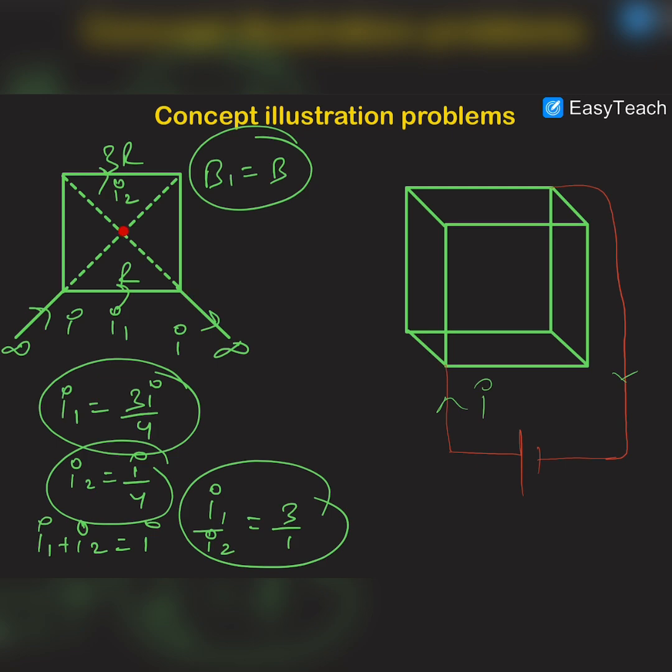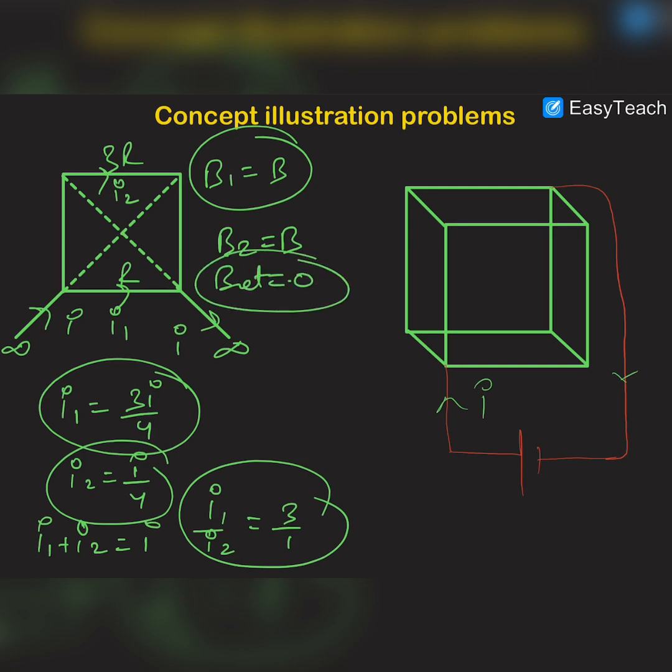Therefore the net magnetic field at the center will be opposing, and the magnetic field B2 due to the upper three wires will also be equal to B, because the current flowing in each of them is 1/3, but they are three wires, so we multiply by 3, giving the same magnetic field as created by the lower wire. So the net magnetic field will again be 0.